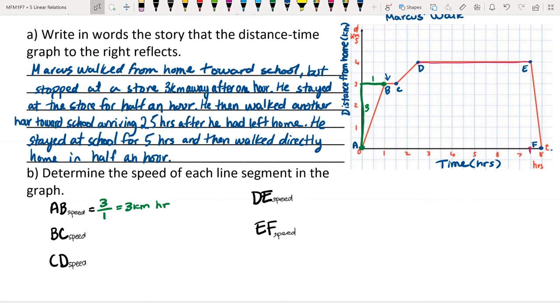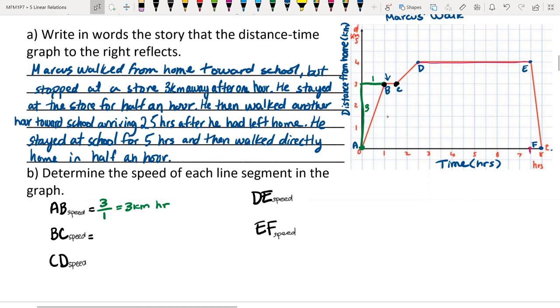All right, let's look at BC. We find the 2 points that we can clearly identify, B and C. And we see that there was no change in the distance, but there was a change in the time. It was half an hour, so 0.5.